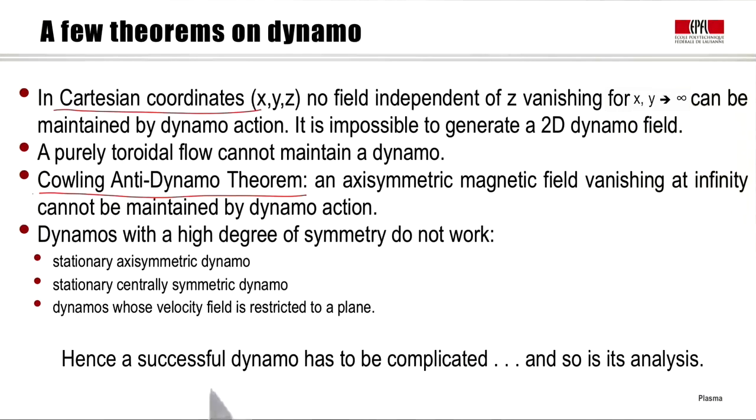In particular, we cannot achieve a stationary axisymmetric dynamo, a stationary centrally symmetric dynamo, or dynamos whose velocity field is restricted to a plane. The result is that a successful dynamo has to be complicated, and so will be its analysis.